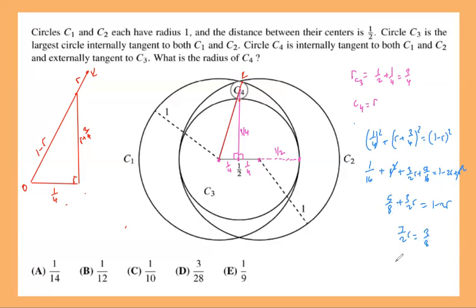Doing cross multiplication, R should be 6 divided by 56, which is 3/28. Actually, yes, that would be 3/28. That is my final answer. I hope that was clear. This was one of the challenging questions. I'll see you in the next video.